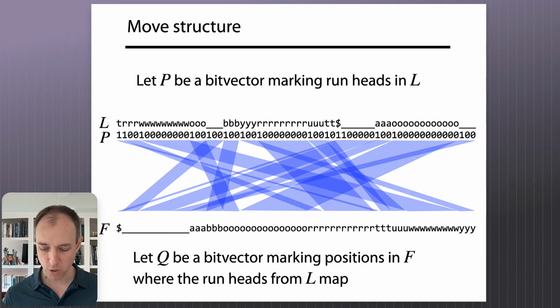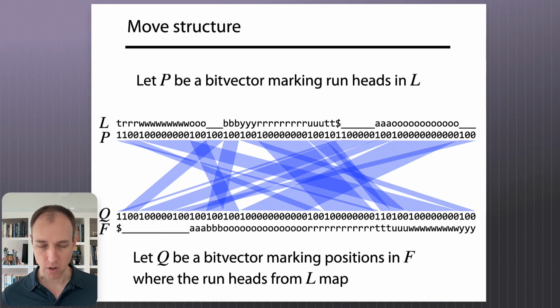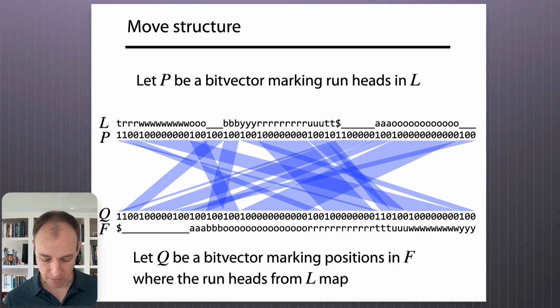And those are going to be marked in a separate bit vector called Q. So if you look at P and Q and you look at all the parallelograms on this slide, you'll see a relationship. Whenever there is a set bit in P, let's stick with this run of R's here, wherever you have a set bit in P, like this one, what we did is we followed it through its parallelogram, found its counterpart here, and marked that with a 1.